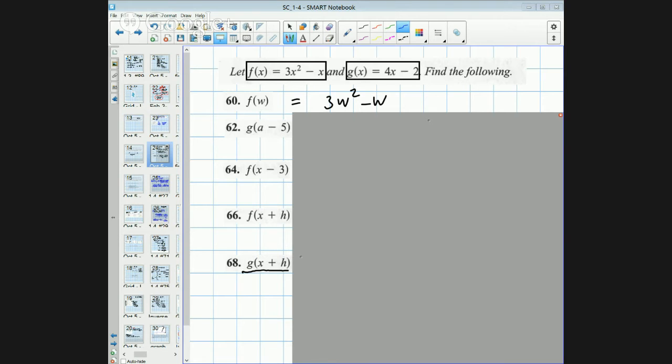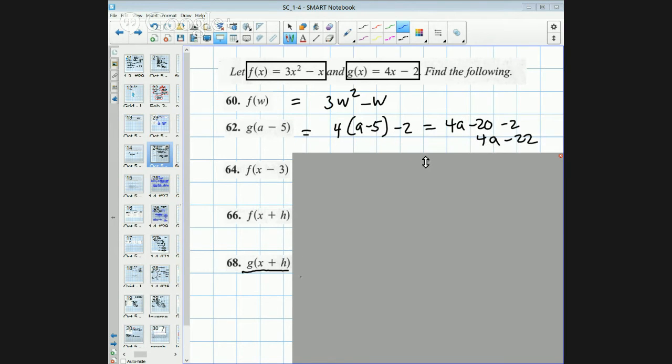That's pretty easy. 3w squared minus w, right? The second one says, take the second equation, g, and plug in an a minus 5. So 4 times, instead of x, a minus 5, parentheses, minus 2. Then just, distributive property, simplify it. Final result, 4a minus 22.